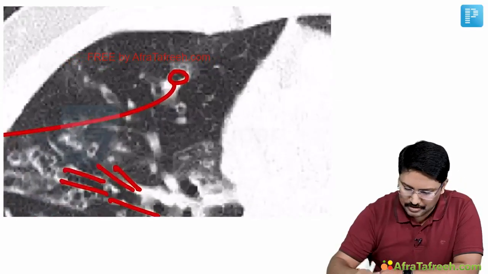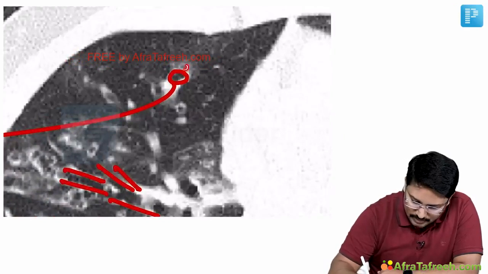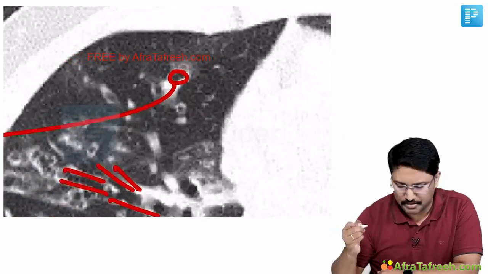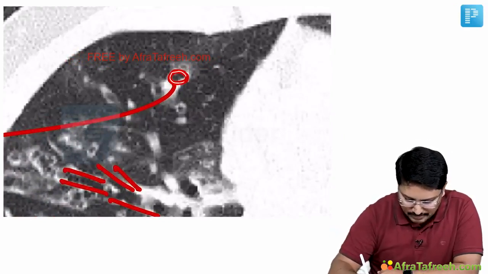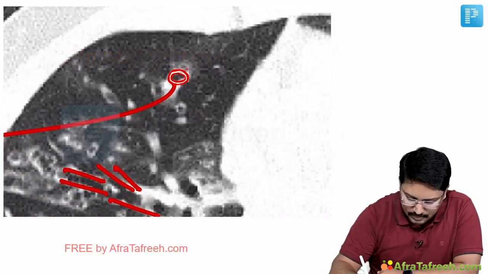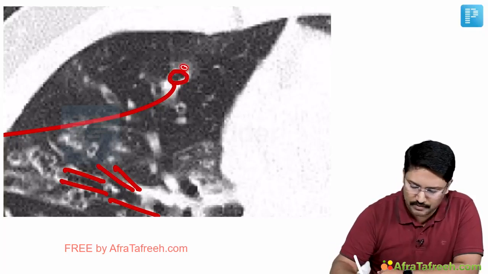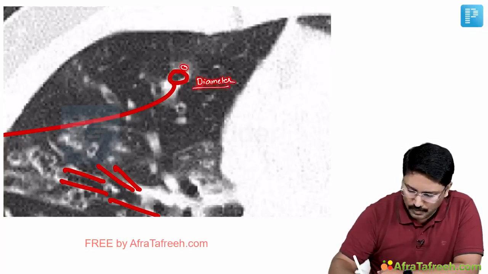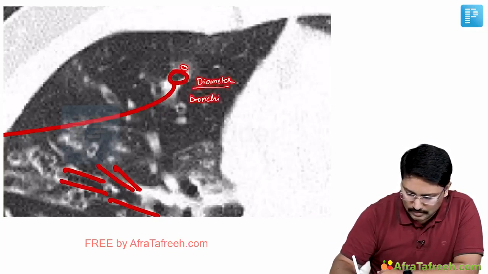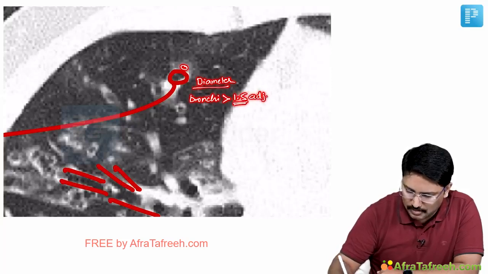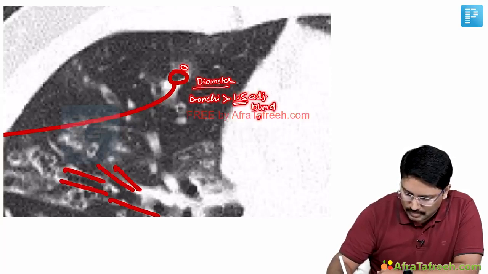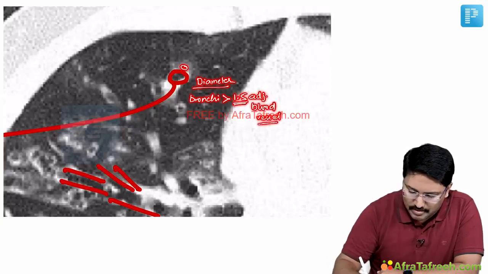When you look at an adjacent blood vessel, you can probably, the resolution is poor, but you can probably appreciate it here. So this is your dilated bronchus, and what you see here is a blood vessel. So when you look at an adjacent or accompanying blood vessel, when the diameter of the bronchus is more than 1.5 times the diameter of the adjacent blood vessel, it looks like a diamond ring.